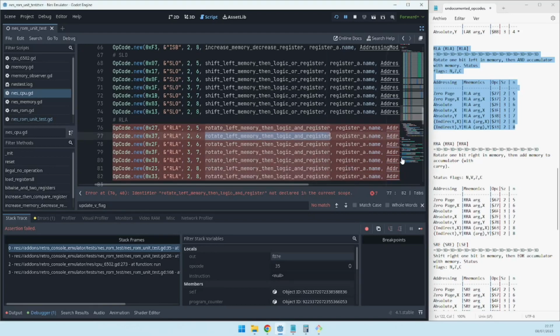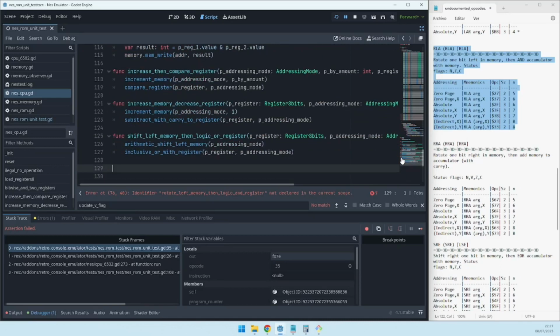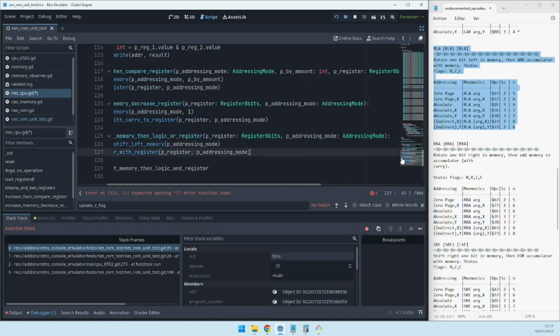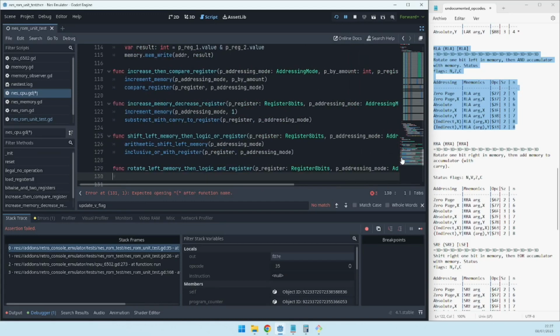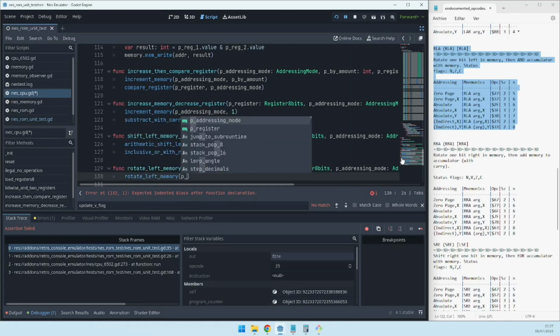And now we just have to implement this function. Register and addressing mode, copy paste, and now this is rotate left memory. Rotate left memory with the addressing mode.